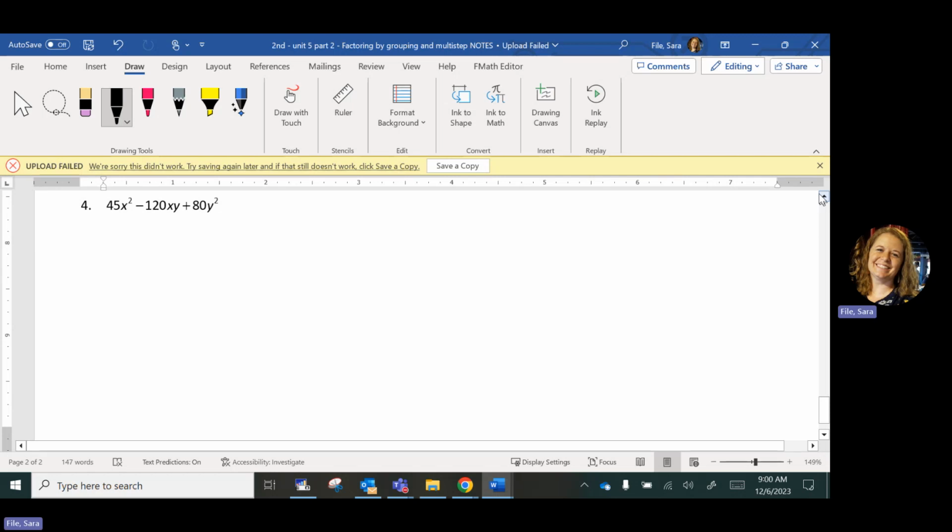Okay, so we'll just stick with the 5 then. So 45 divided by 5 is going to be 9x squared. 120 divided by 5 is 24.